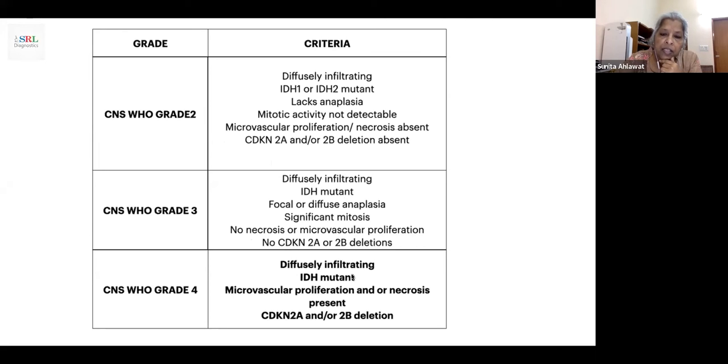If there is microvascular proliferation and/or necrosis, it becomes grade 4. And even in the absence of microvascular proliferation and/or necrosis, if there is CDKN2A/2B homozygous deletion, then also it becomes grade 4 astrocytoma IDH mutant.